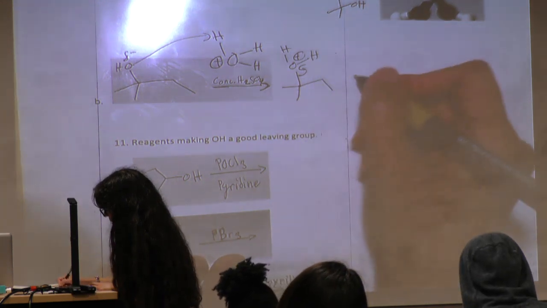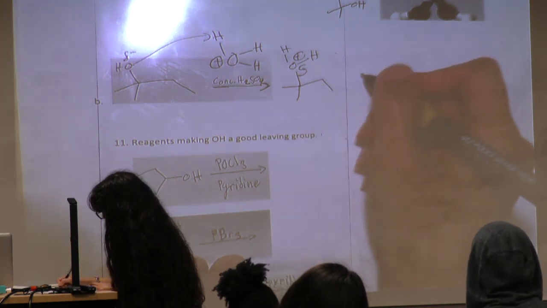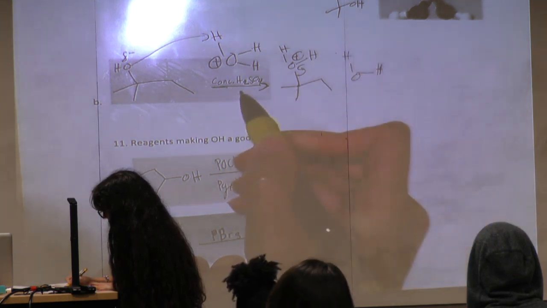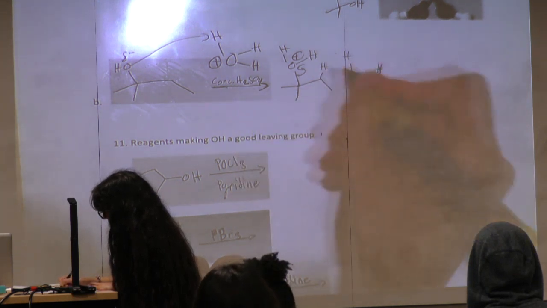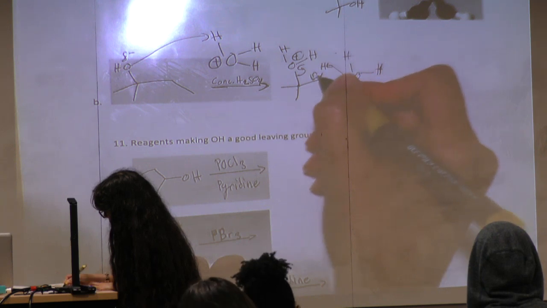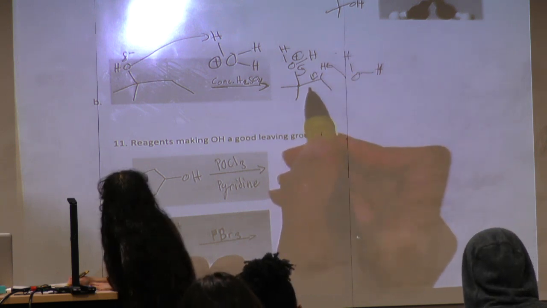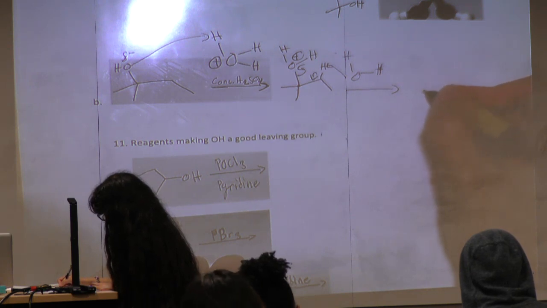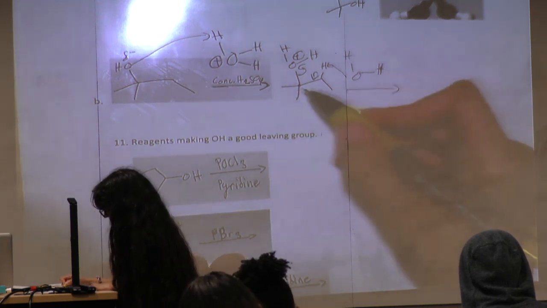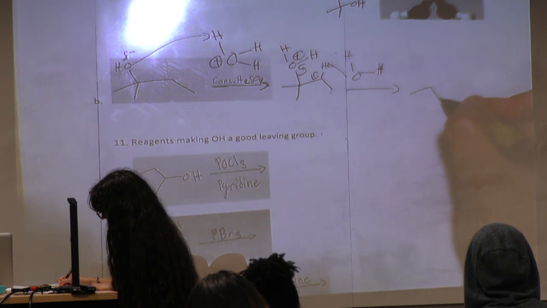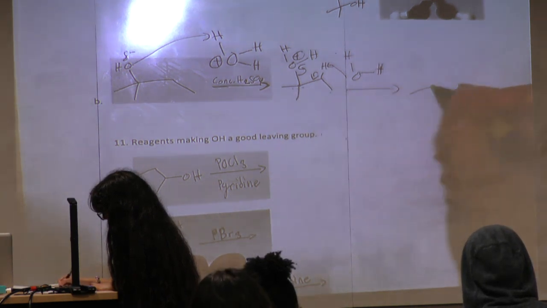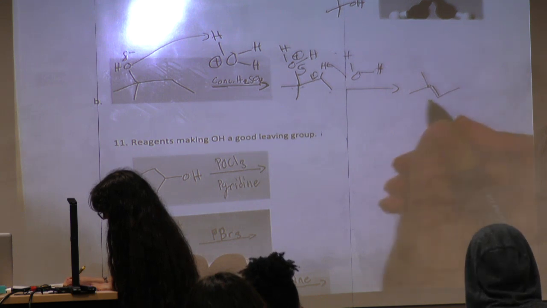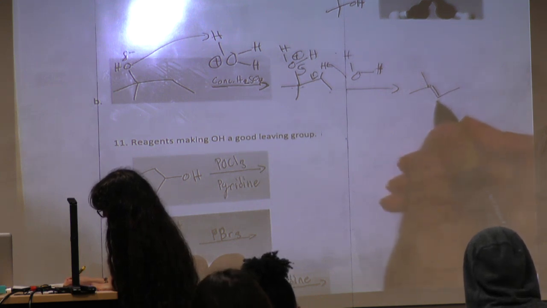So while water leaves, we're going to come back with water from the concentrated sulfuric acid, and we're going to pick off a proton and form a double bond right there. And it's going to give us something that looks weird like that.